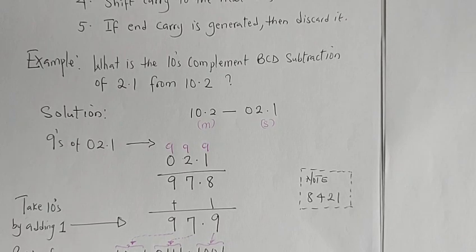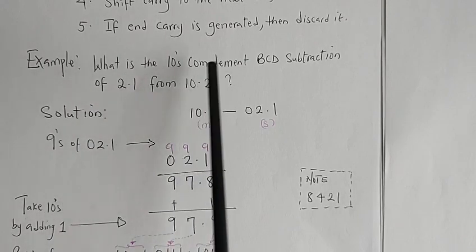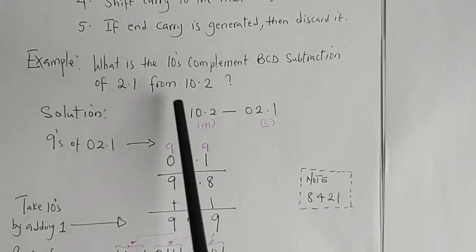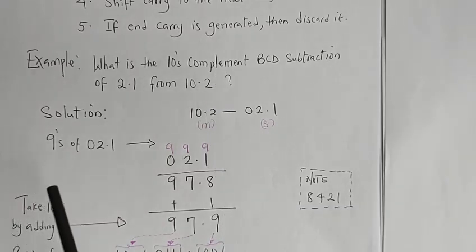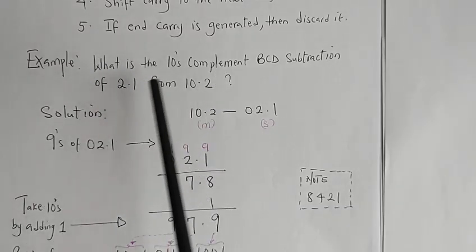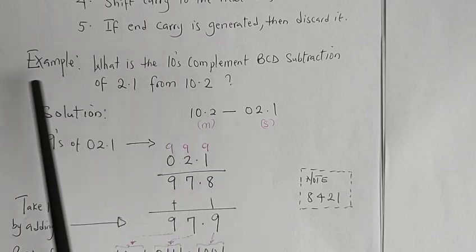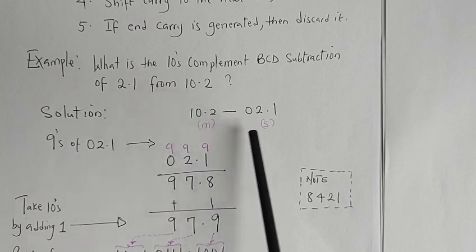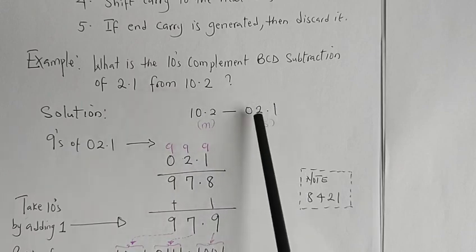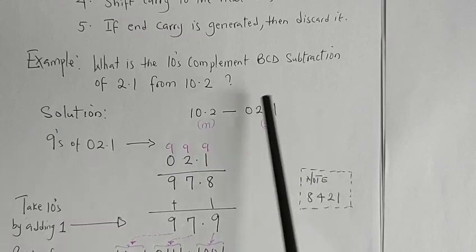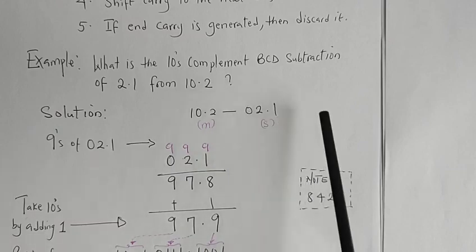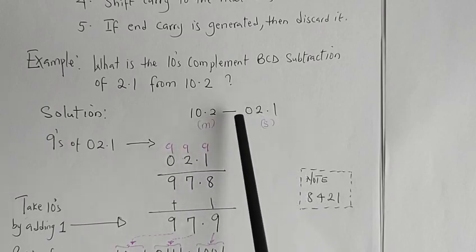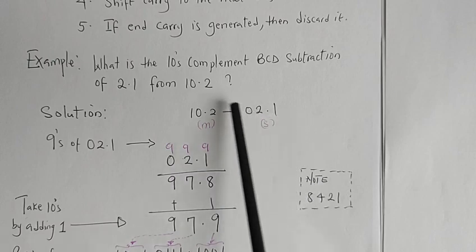It says, what is the 10's complement BCD subtraction of 2.1 from 10.2? That means we're going to be subtracting 2.1 from 10.2. In that case, the solution is going to be 10.2 minus 2.1, which also means 10.2 minus 02.1, because we need to represent this value to have the same size as the minuend.